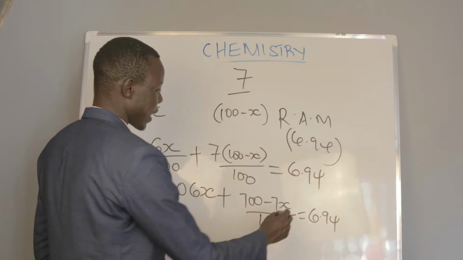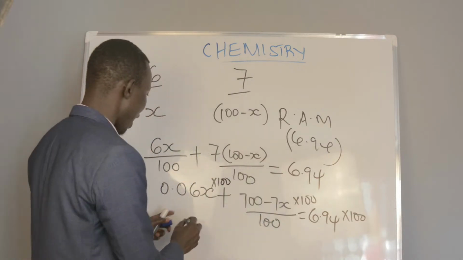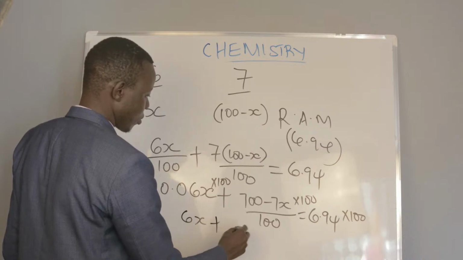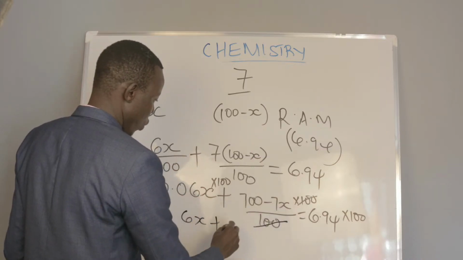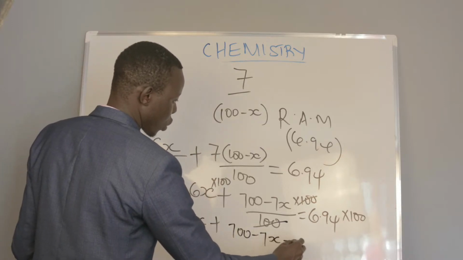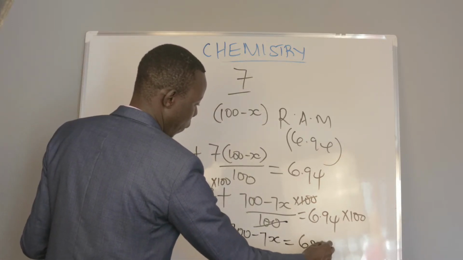Multiply with 100 everywhere. So here I will have 6x plus 700 minus 7x to be equal to 694.